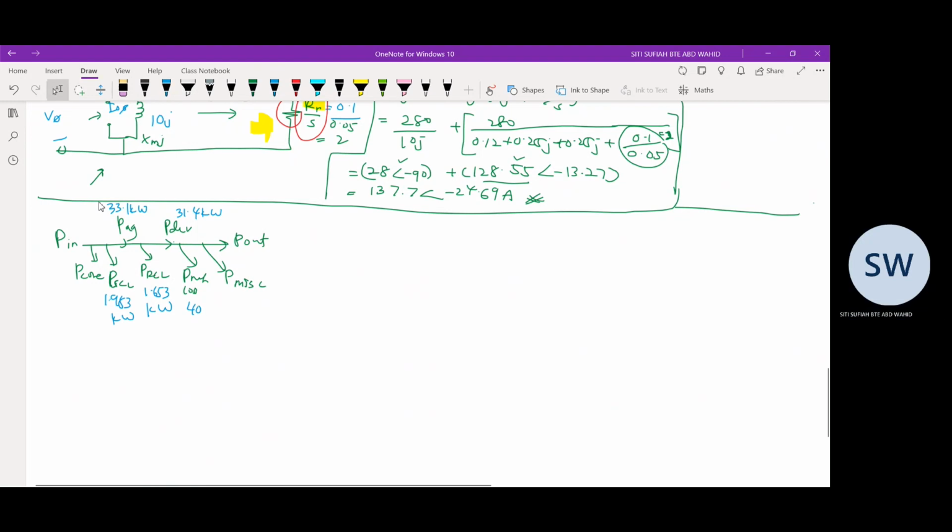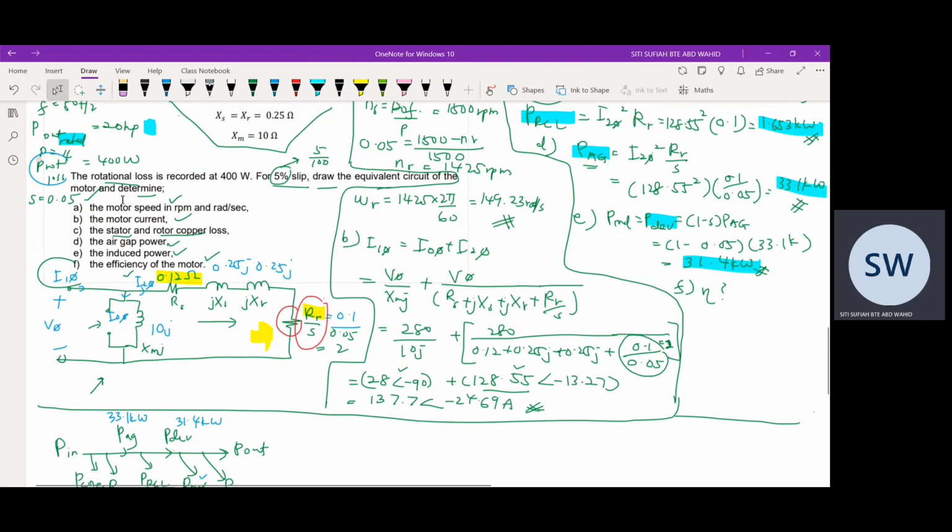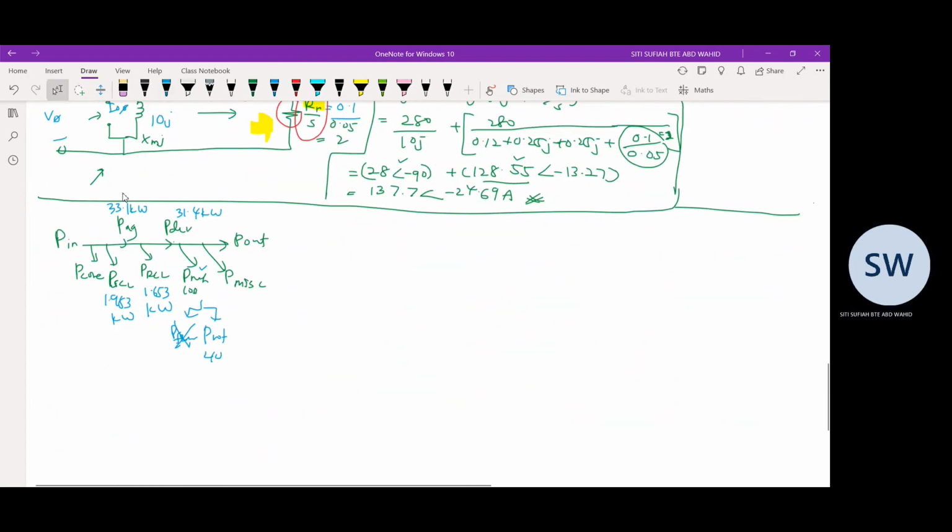Because P mechanical loss can be friction and windage or rotational loss. Friction and windage is not there, so we assume 0. P rotational is 400. P miscellaneous is not stated, so we assume 0. Same goes for P core, it's not stated, so we can assume 0. This applies only for these three: P core, P mechanical loss, and P miscellaneous or stray loss.